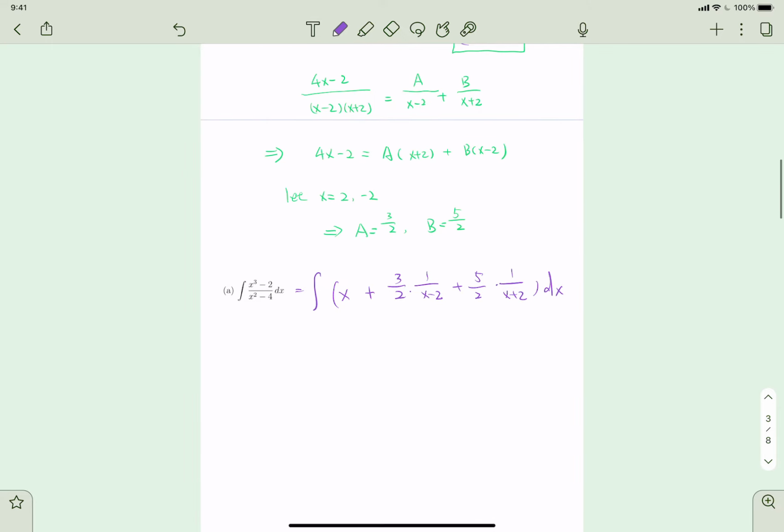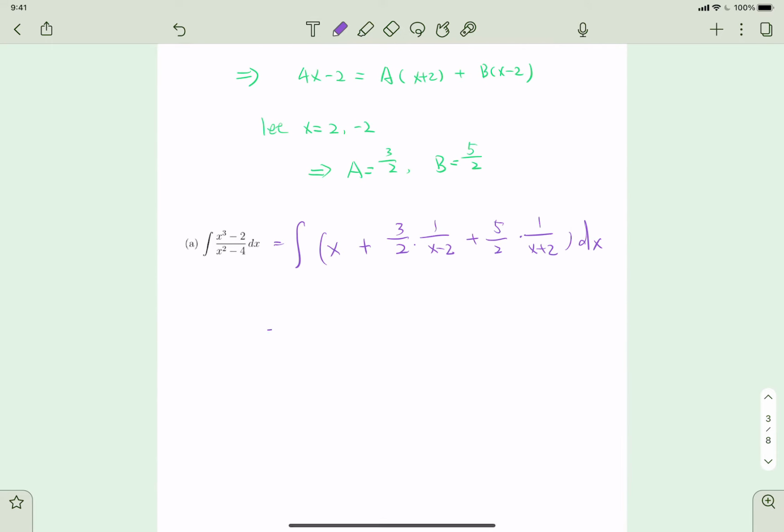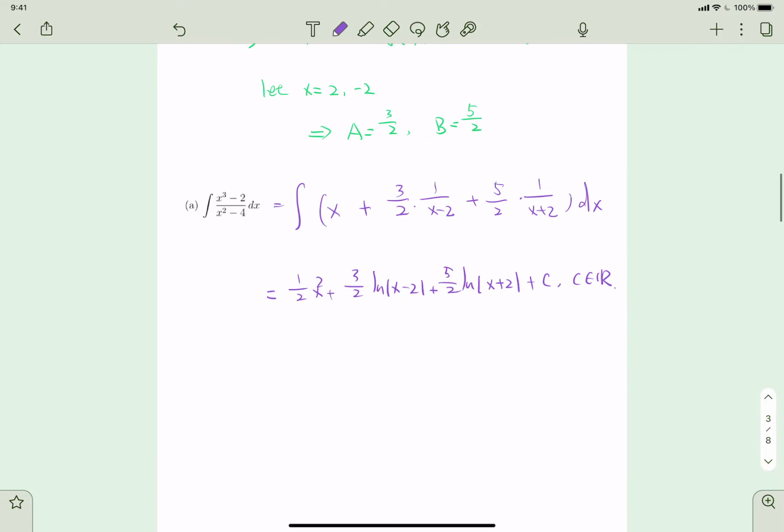Okay, very simple stuff, right? And then the final answer becomes 1 over 2 x squared plus 3 over 2 ln |x minus 2| plus 5 over 2 ln |x plus 2|, and that's all, plus c. C is any real number.